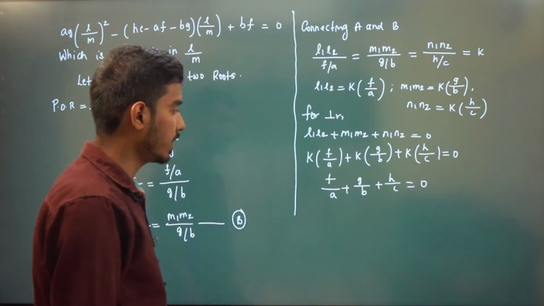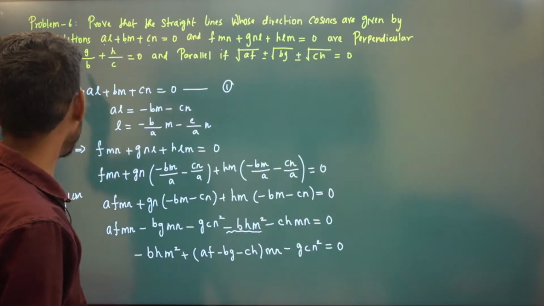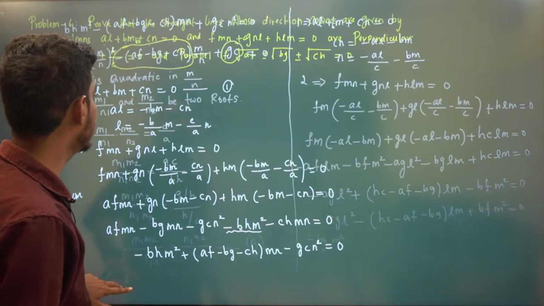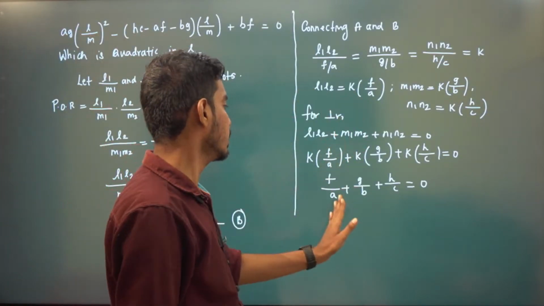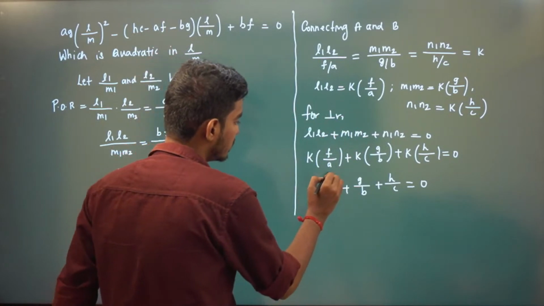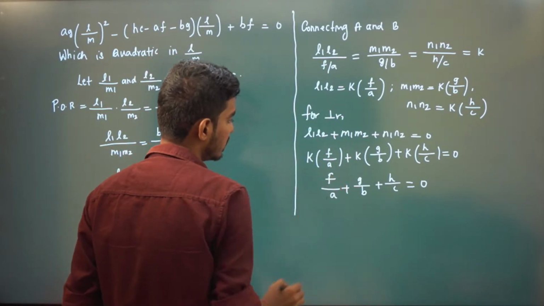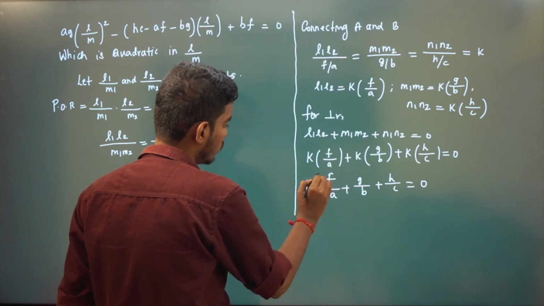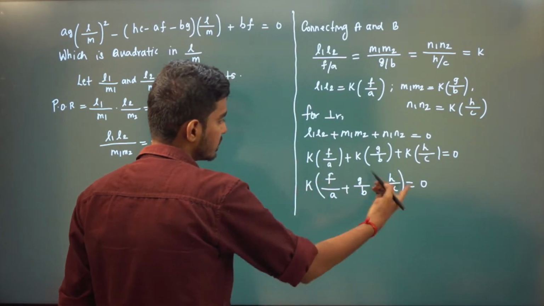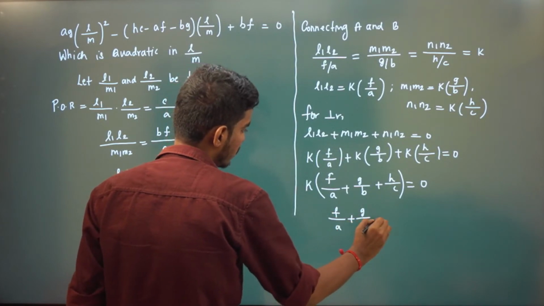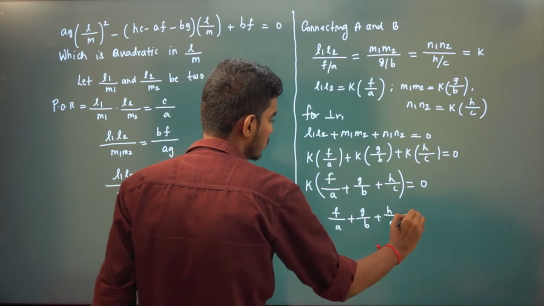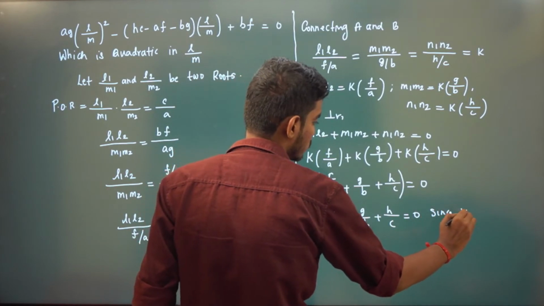This is what we need to prove. So these two will be perpendicular if F by A plus G by B plus H by C is 0.